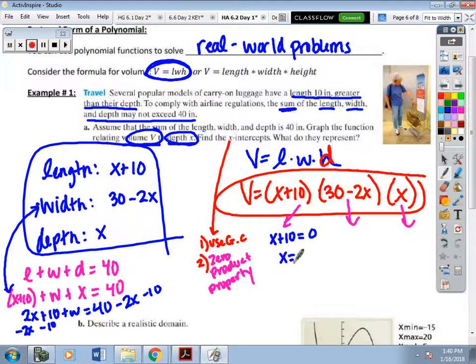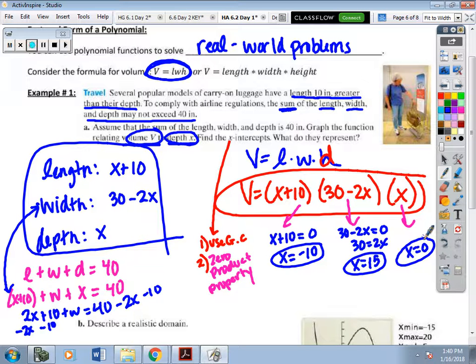Subtract 10, we would get one of our x-intercepts is negative 10. This one we would have 30 minus 2x equals 0. I would probably add 2x to both sides personally, and then divide by 2. We'll get 15. And then the last one would just be x equals 0.